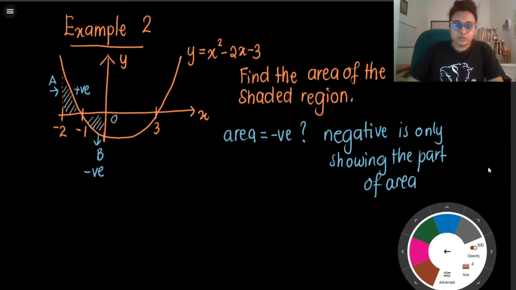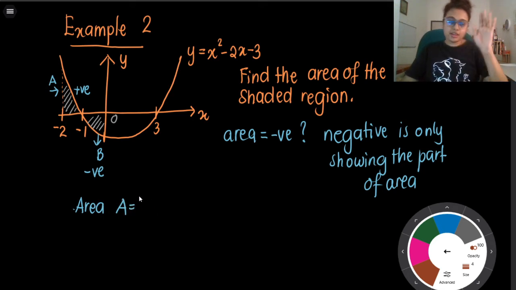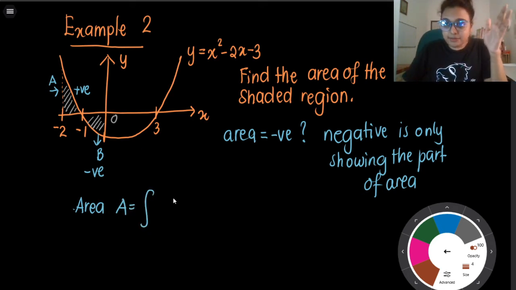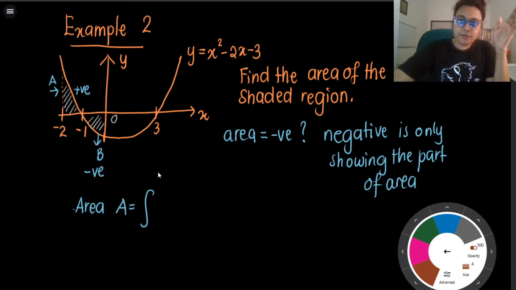Okay, now let's look at how to find. So first we're going to find the area for A first. Okay, first step, let me write area for A. Area for A is starting from which limit to which limit? It's obviously starting from -2 to -1.